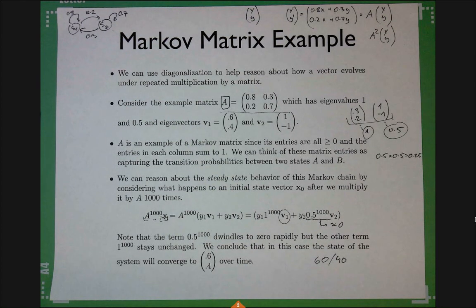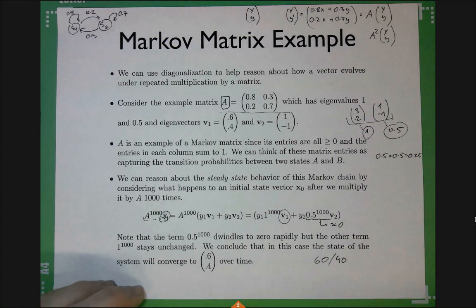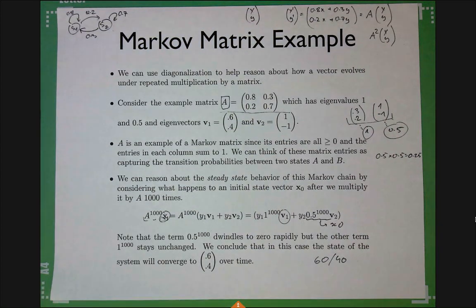What would change after 1,000 iterations? Nothing. That's the cool thing. The initialization x doesn't matter after long enough time, of course. All that matters are the transition probabilities, which is sort of interesting.